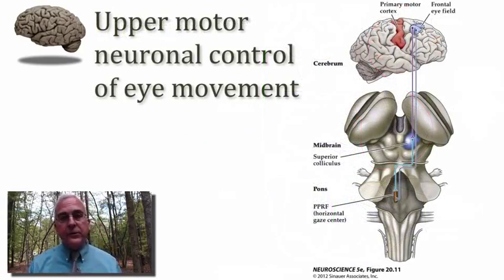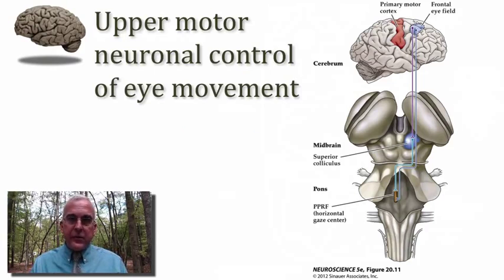Well, there are essentially two principal parts of the brain that are involved in generating the command signals that are then conveyed into those gaze centers in the reticular formation of the brainstem. And at that level, we can consider that to be the level of our lower motor neurons that are coordinating the output from our alpha motor neurons that actually execute the movement.